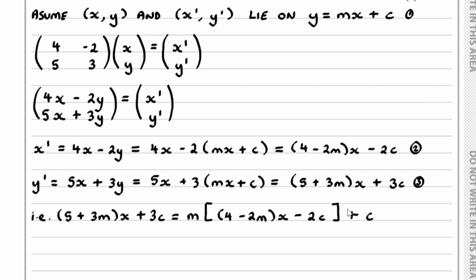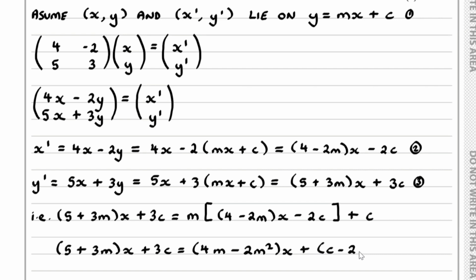And if we try to tidy all of this up even further, we have 5 plus 3m x plus 3c equals, well, here we would have 4m minus 2m squared x, and then we add on c minus 2mc.